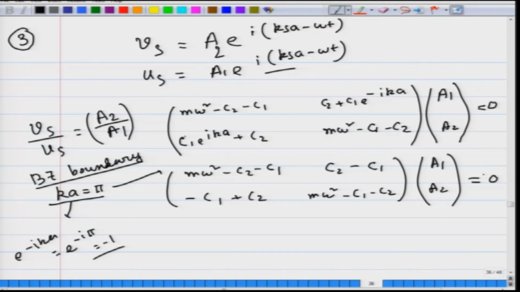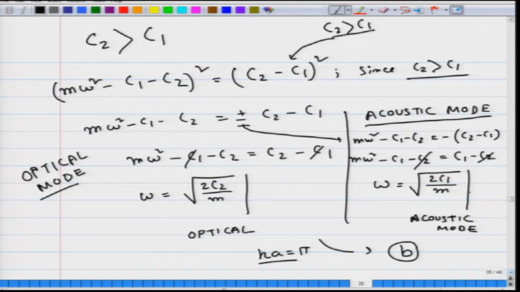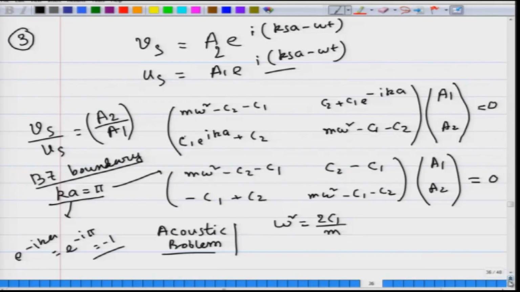So, now for the acoustic problem, from the previous question we got omega square equals to 2 C1 by m for the acoustic mode. So, we will just put the value here in the equation. In this equation put the omega square value here.